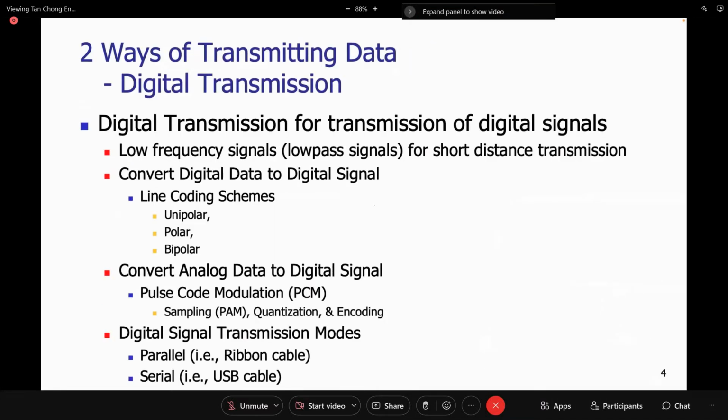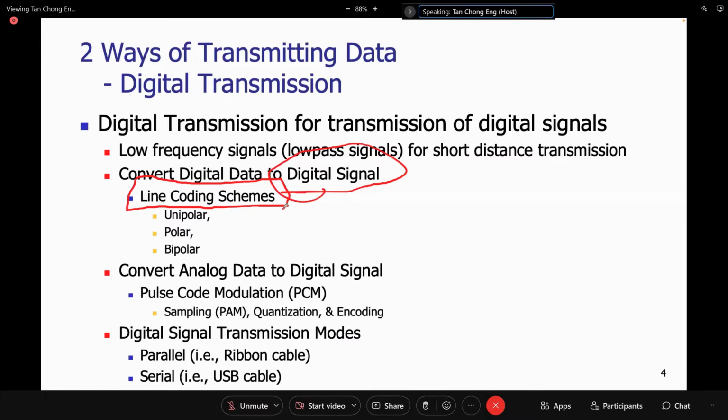Okay, and then there are different representations of digital signal. Okay, how do you produce a digital signal here? Okay, so when you have digital signal, they will take a line coding scheme. You need a line coding scheme. This line coding scheme is the process for you to create your digital signal from digital data.